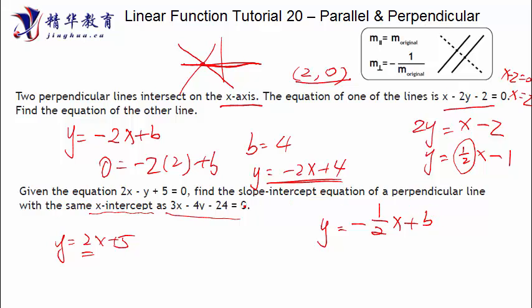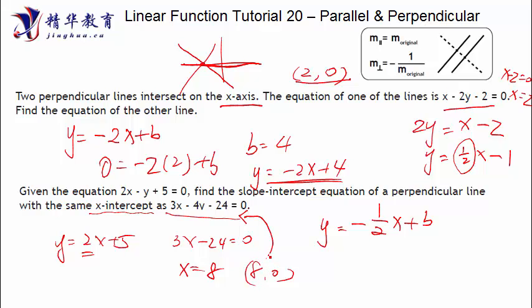We found the slope of the perpendicular line, which has the same x-intercept as this one. How do we find an x-intercept? You make y equal to 0, right? Making y equal to 0 here gives 3x minus 24 equals 0, then x equals 8. That means (8, 0) is the x-intercept of this line.